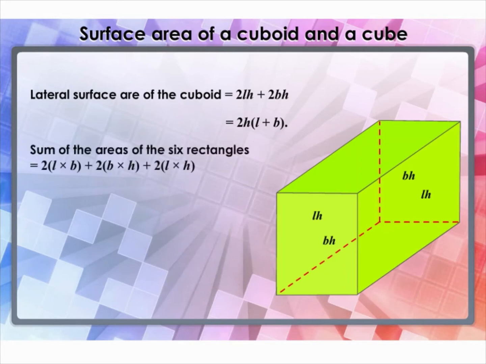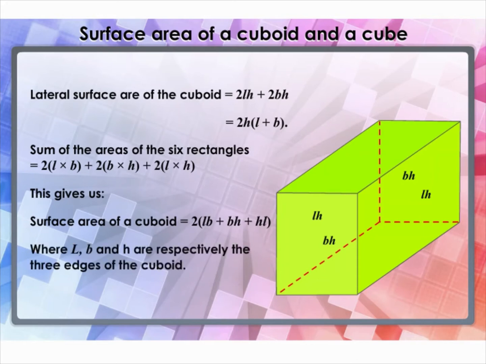So, the sum of the areas of the 6 rectangles is 2 times length into breadth plus 2 times breadth into height plus 2 times length into height. Now take 2 common outside. This gives the surface area of the cuboid equal to 2 times (length into breadth plus breadth into height plus length into height), where L, B, and H are respectively the 3 edges of the cuboid.